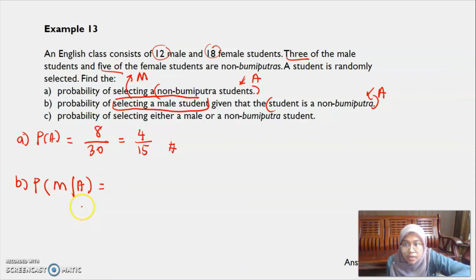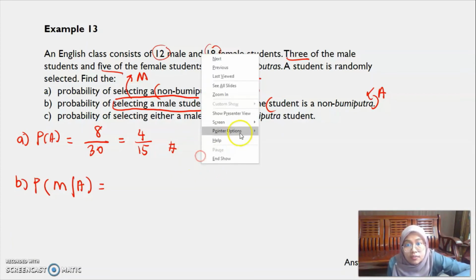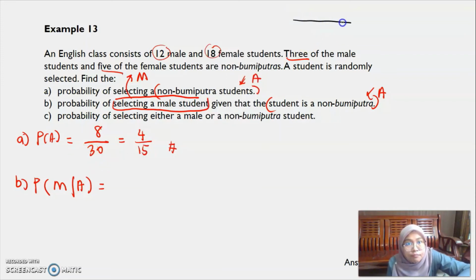Now, even though this question only gives a statement, not a cross tabulation, I think we can transform the statement into a cross tabulation, a contingency table. Let's say this is Bumiputra student, this is non-Bumi, this is male, this is female.